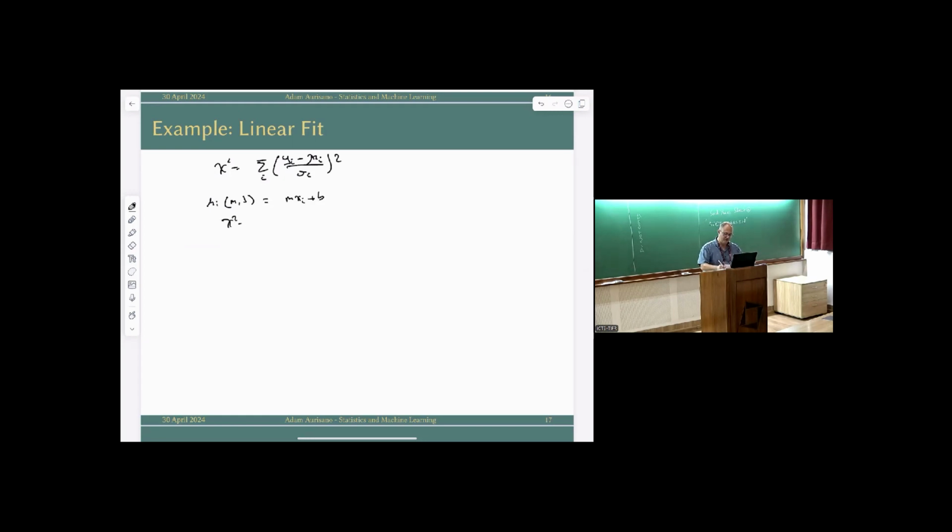So that means your chi-squared is going to be equal to the sum of (y_i minus m x_i minus b) over sigma_i, all squared. And then you'll want to set the derivatives equal to 0. That'll give you a system of linear equations that you can really easily solve through some basic matrix math. So you should be able to estimate what those are.